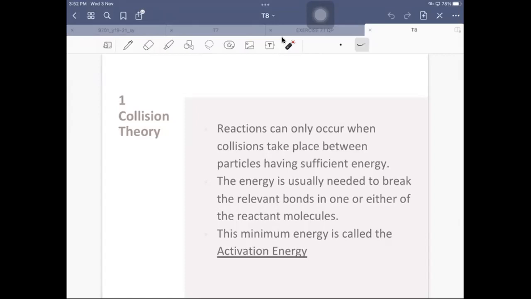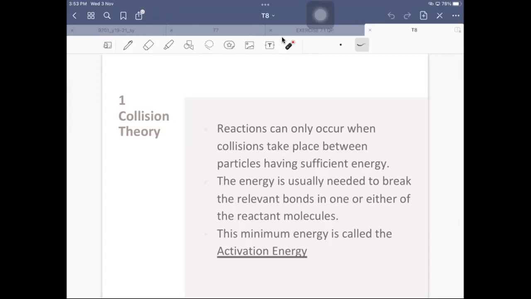Okay, you cannot just expect that you add reactant 1 with reactant 2 and then you expect them to react like that. No, in reality, down to the microscopic level, there are a few factors that you need to take into account in order for a reaction to happen. Even collisions alone, just because one reactant meets the other reactant doesn't mean reaction will happen. It's like the same idea of one person meeting another person.